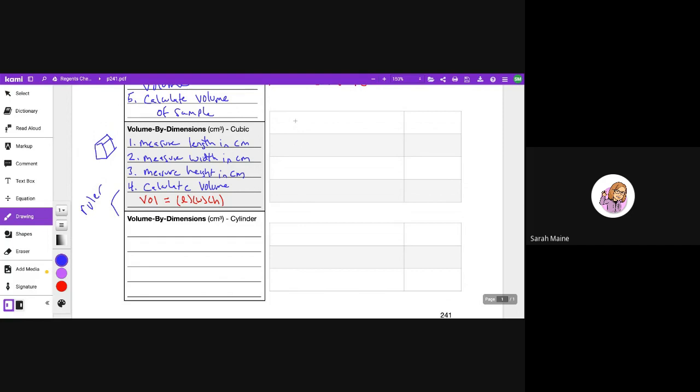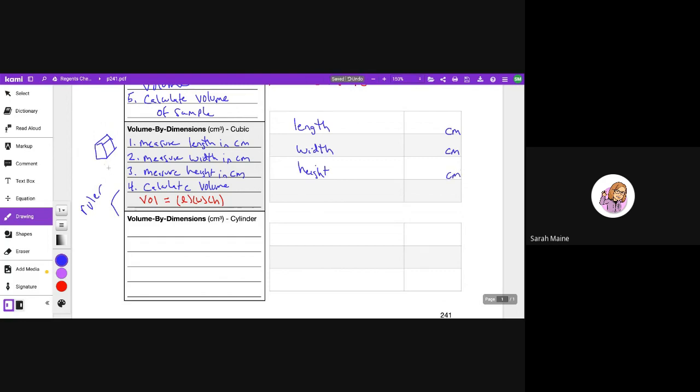So one of the lines needs to be length, and then width and height. Each of these are measured as a single dimension in centimeters.